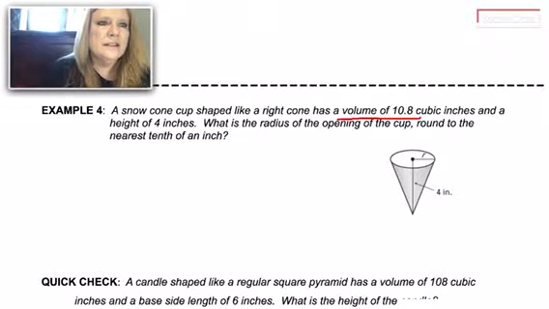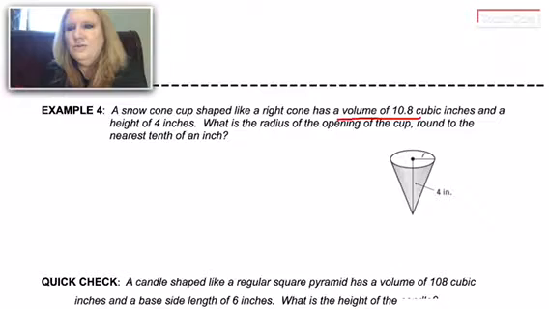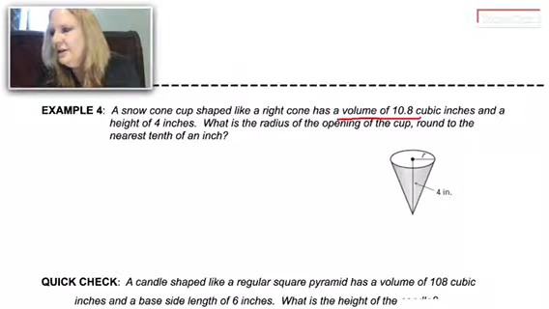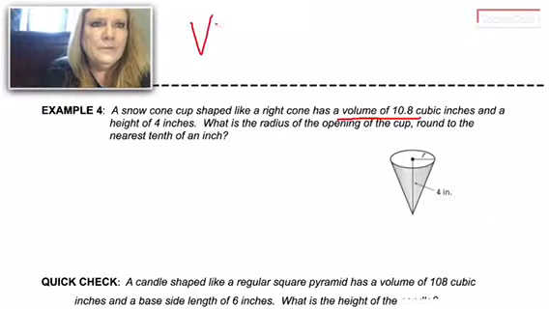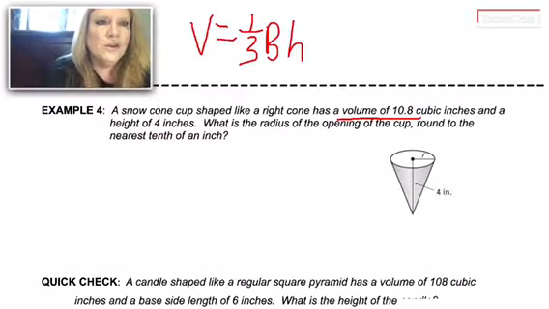What is the radius at the opening of the cup? So I have to think about what is the formula for volume of a cone. Volume of a cone should be 1/3 Bh. That's what my formula chart tells me.